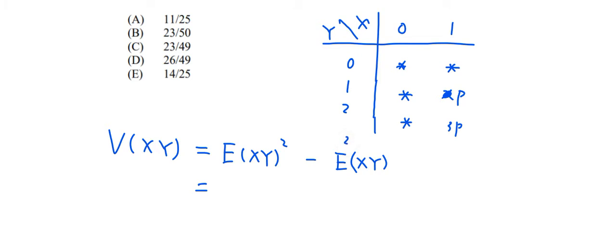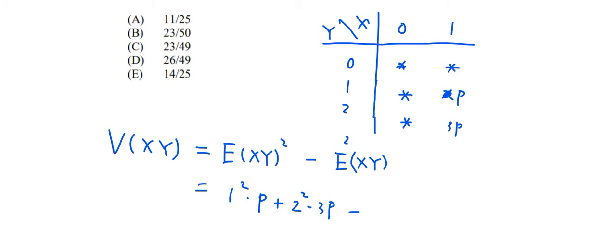X times Y can be 0, and the non-zero cases are: X equals 1 and Y equals 1, so 1 squared times P, plus X equals 1, Y equals 2, so 2 squared times 3P. Right? So this is E of (XY) squared.